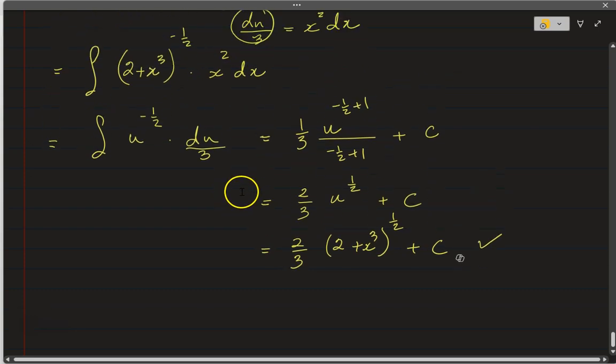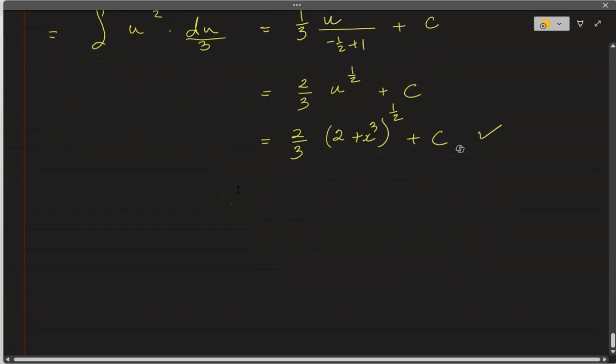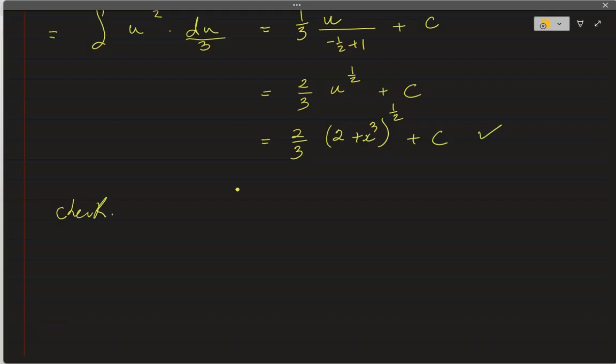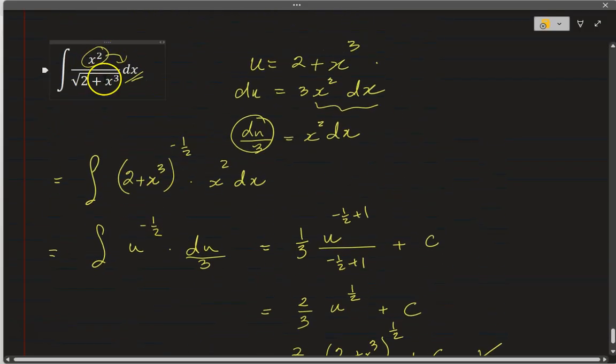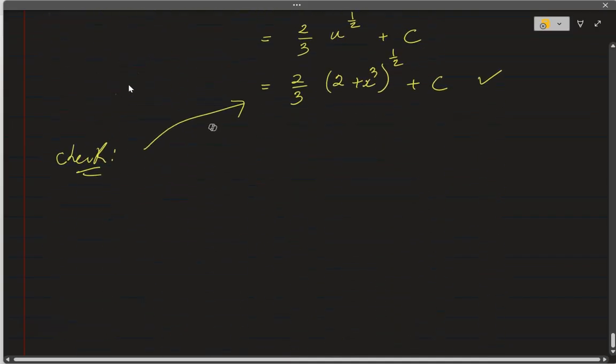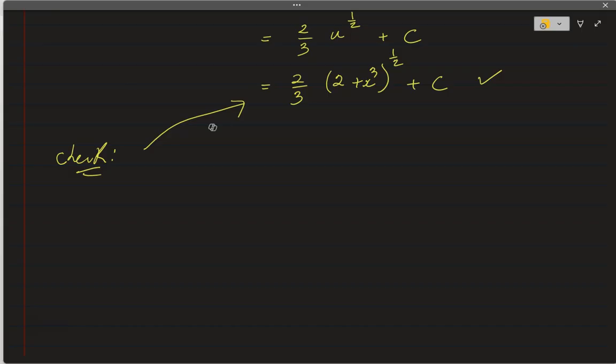Excellent. Now, if you want to check, again, you can go ahead and differentiate. Differentiate this, and you should get your differentials back, which is x squared over the square root of 2 plus x cubed. And for good practice, let's do that. Let's differentiate this.